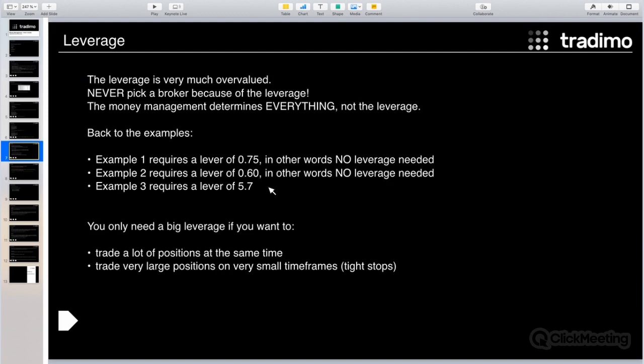Some brokers are offering you a leverage of 400. And this, in my opinion, is not a quality characteristic of a broker. The broker should only offer you, let's say, 50 or 100 leverage, and you will never use this high leverage, but this is okay.